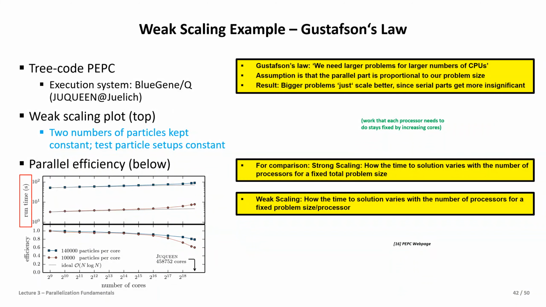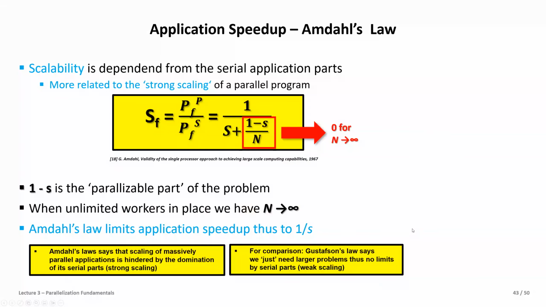And when you think there are maybe some serial parts in it, because the overall parallelizable problem is just bigger, the serial parts get almost insignificant. And again, think about that we have here a very varying size of problems, because when I keep the particles per core constant while adding more cores, the overall problem size will change, while in strong scaling, I kept that fixed. And this is, I think, the best way to understand it.